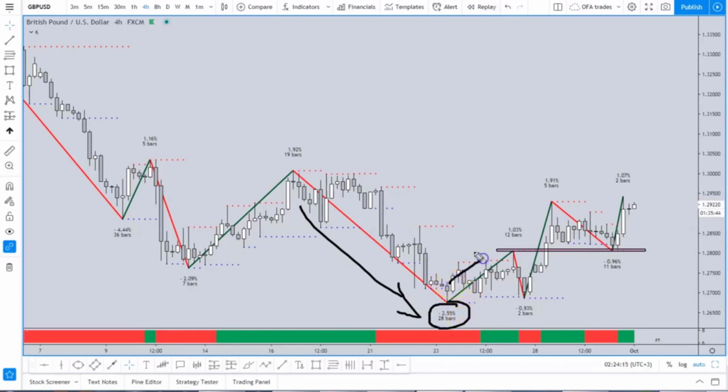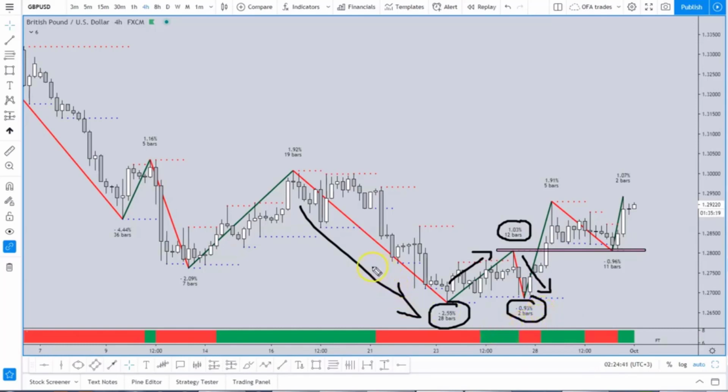That was followed by a leg up, which was much smaller comparably to this previous leg lower. It achieved 1.03% in 12 bars. Now things are starting to get very interesting here, because the next leg lower only achieves minus 0.91% in 2 bars.